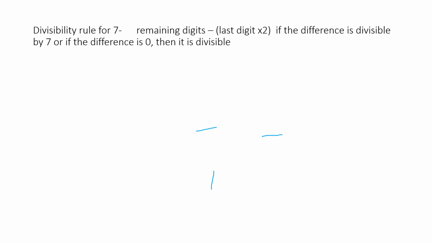Here, now I'll try a different one. Let's try 77. Now I'll split it. 7 times 2 is 14. Actually, let me add just one more 7, so it'll be easier.